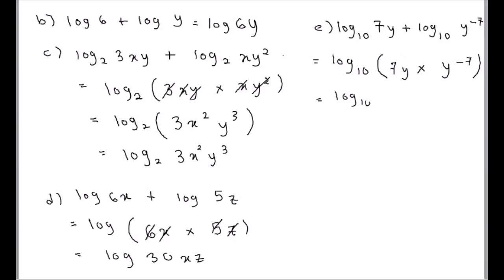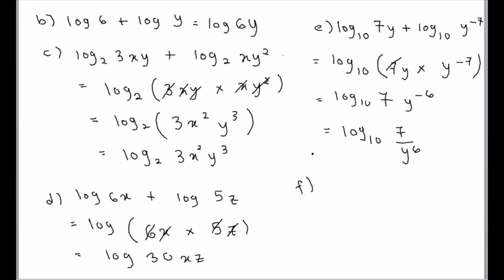Log base 10 7. y multiplied by y power negative 7 is y power negative 6. So we can also write it down as log base 10 7 over y power 6.